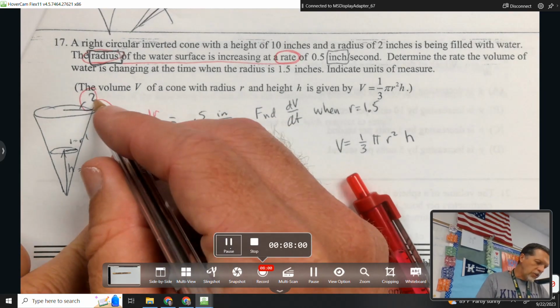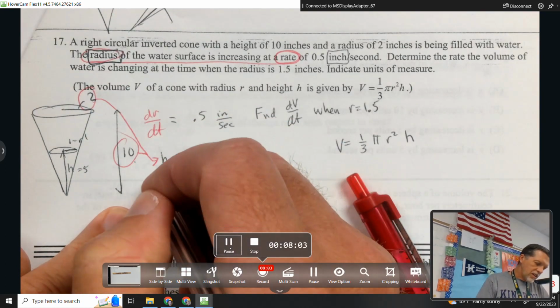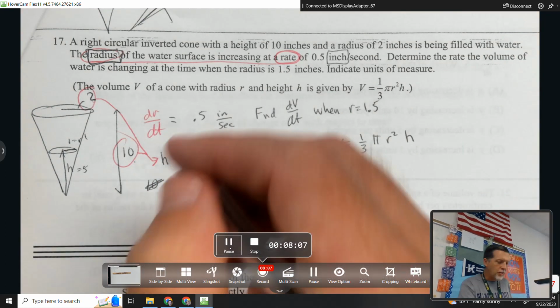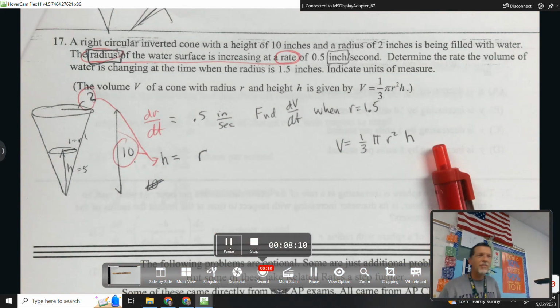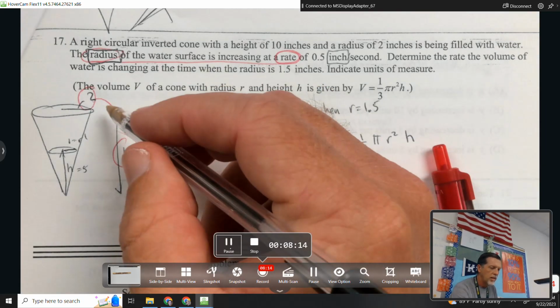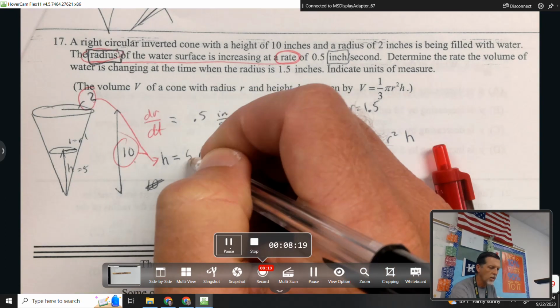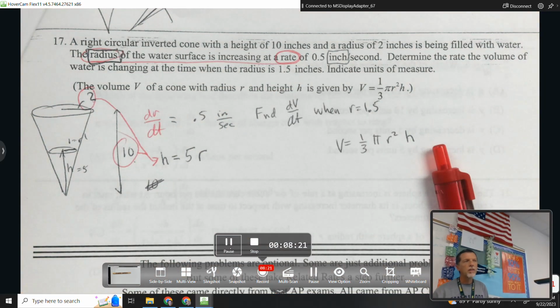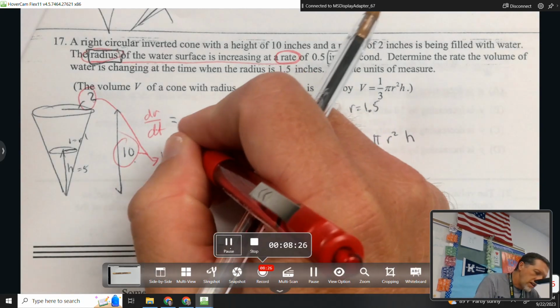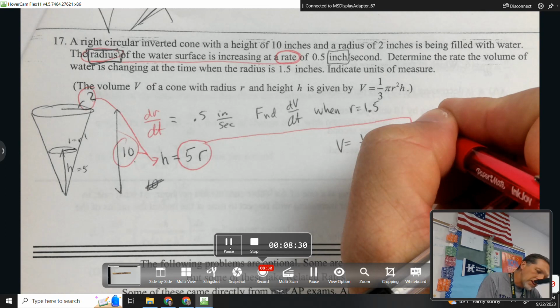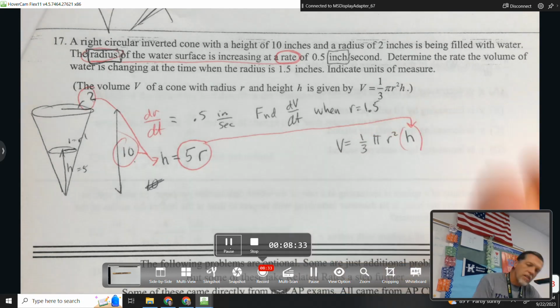Well, if R is 2 and H is 10, so it's 1/5 or 5. I just need to be careful where I put the 5 or the 1/5. So 1/5 of H would get me R, and 5 times R would get me H. And the reason this is necessary is because now I can replace H with 5R.